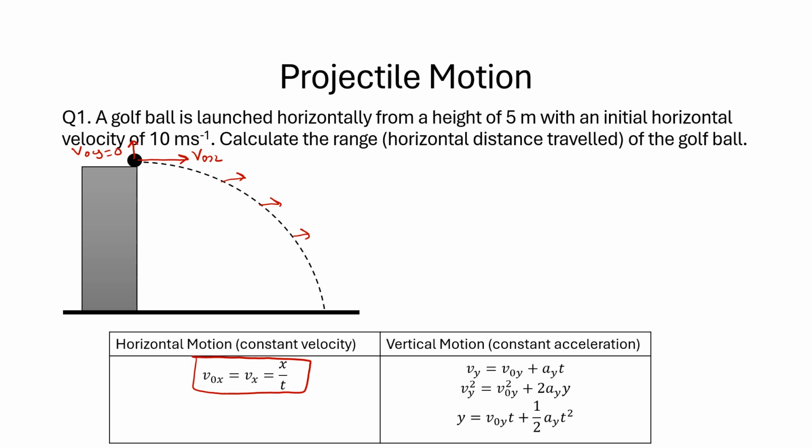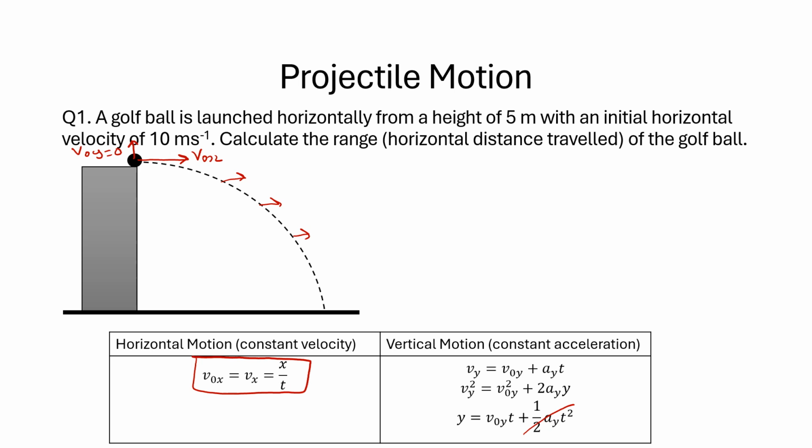The horizontal component of acceleration is 0 throughout the projectile motion. It does not change. And because Ax is 0, therefore x, or y, equals v naught times t. In this case, we are dealing with horizontal motion, and therefore we put x instead of y. So x equals Vx times the time.